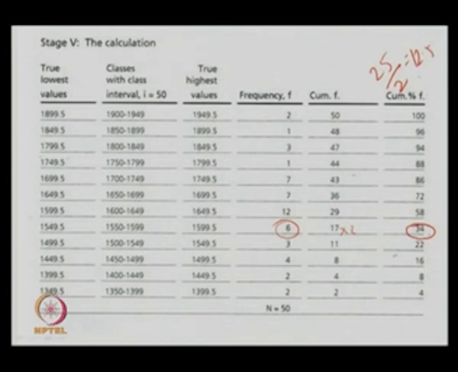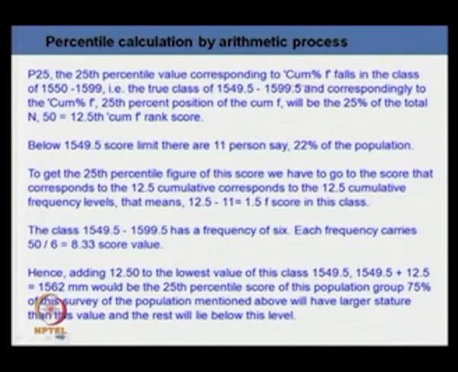So, in the original cumulative frequency, it would be the 12.5 score. Till 11 is there. So, from 11 to 12.5, how far should we go? Below the 1549.5 score limit, there are 11, say 22% of the population.